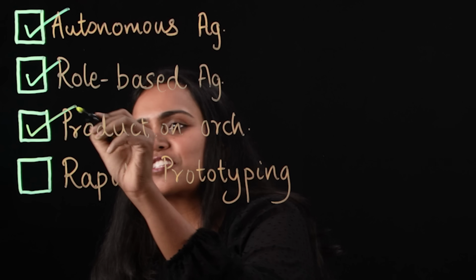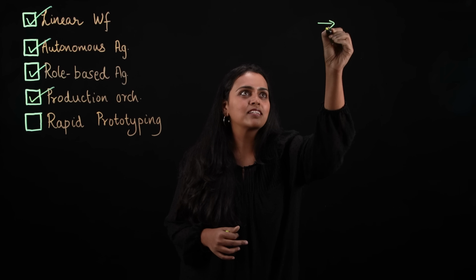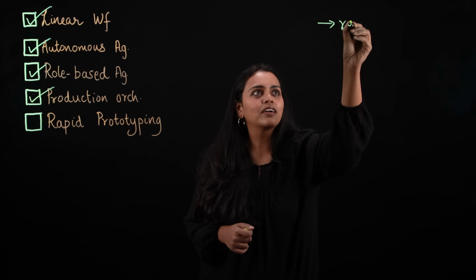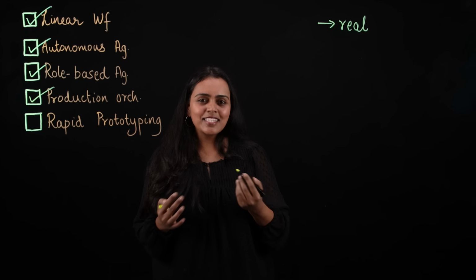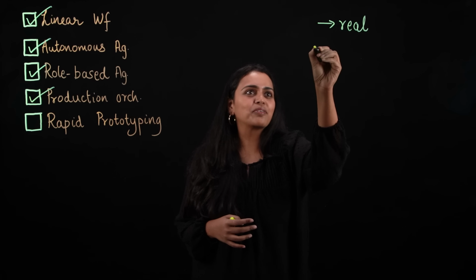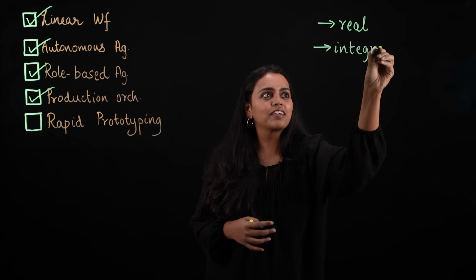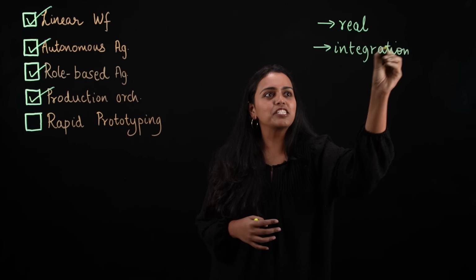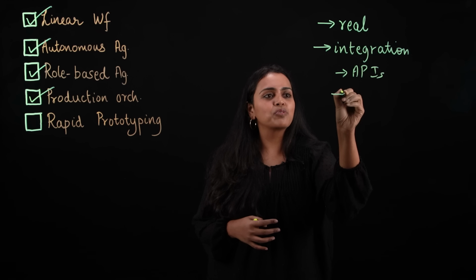Next up, we have the production orchestration systems. Like the name suggests, this is when AI moves out of the experimentation phase and gets real, or moves into a real-world system. These kinds of systems require deep integration with APIs, databases, and business workflows.